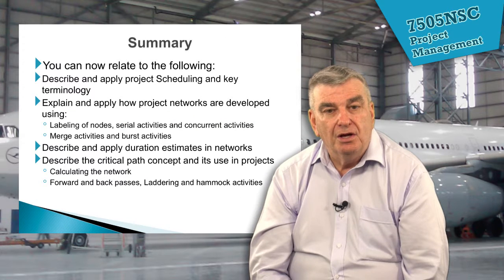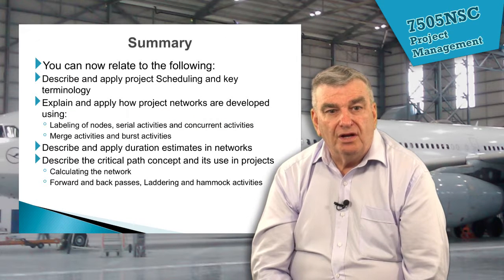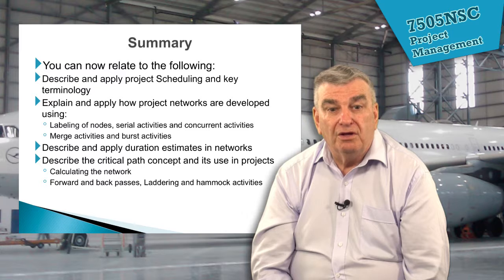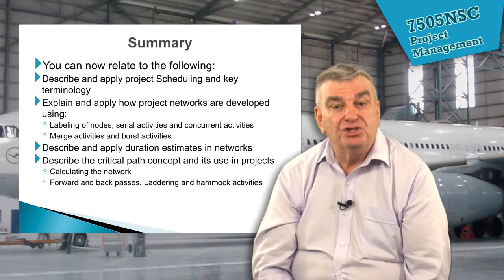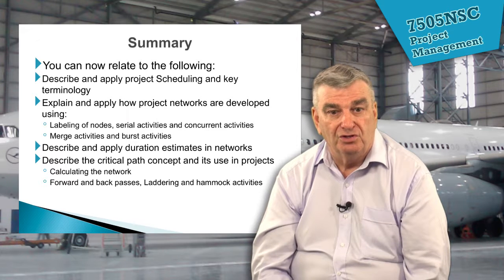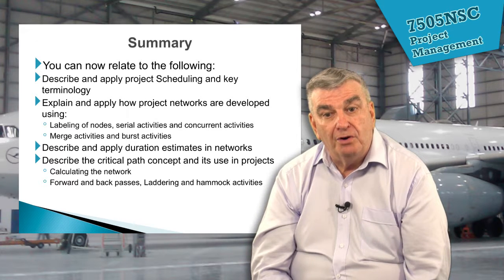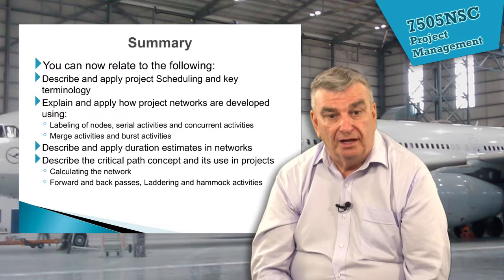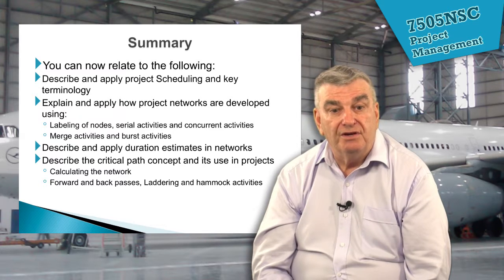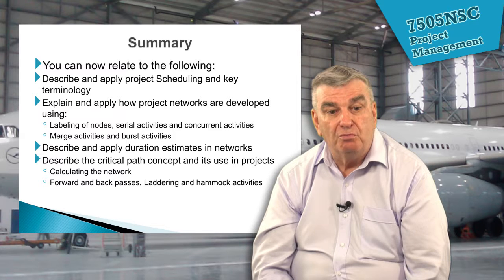So in summary, you can relate to, first of all, the fact that we can apply project scheduling and the key terminology, and we've discussed just a few of those key terminologies. We can explain how projects are developed using the labelling of nodes, and we saw the labelling format, serial activities, concurrent activities with mergers and bursts.